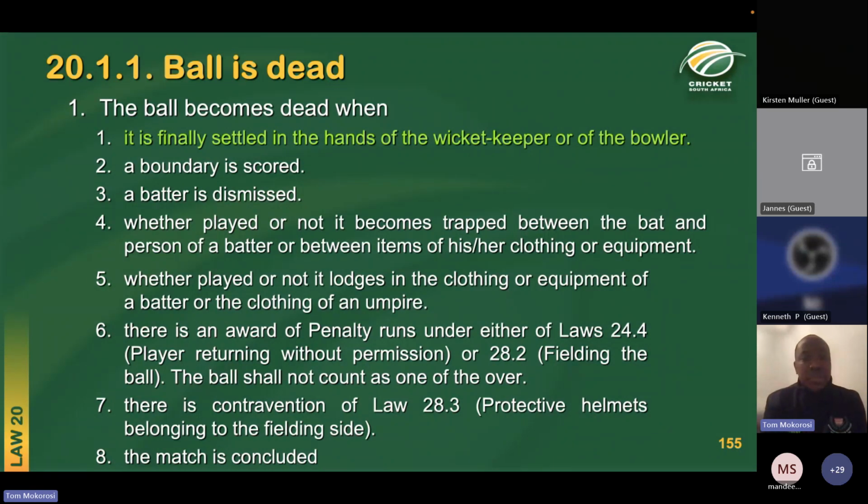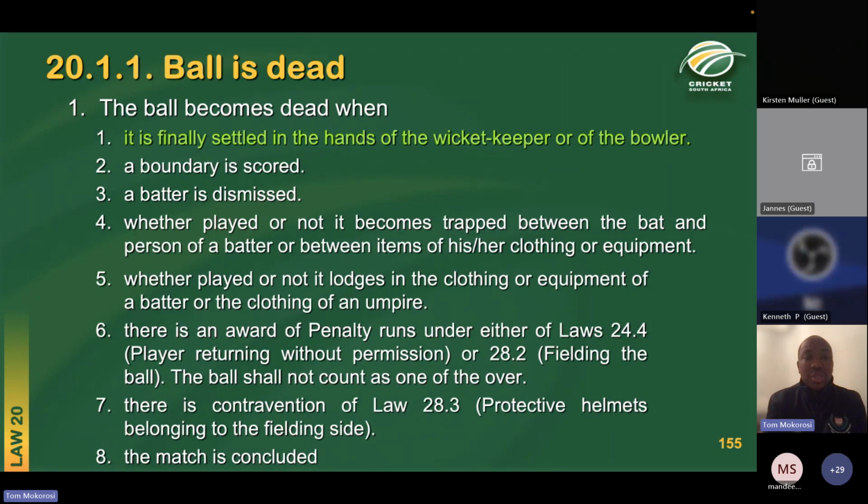So sometimes fielders don't know this law, and you'll find that a striker plays a spin bowler's delivery, and the ball, after hitting the bat, gets lodged between the flap of the batter's front pad and the batter's thigh, and the short leg fielder comes running up to the batter to try and grab the ball from where it is lodged to try and claim a catch.